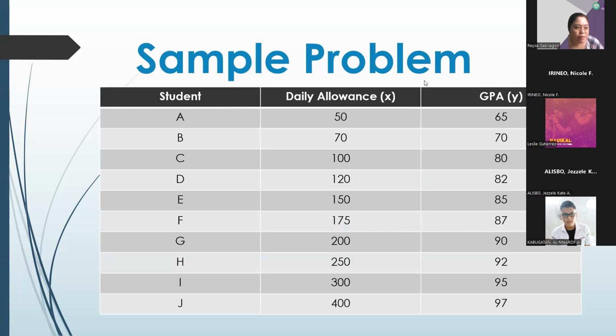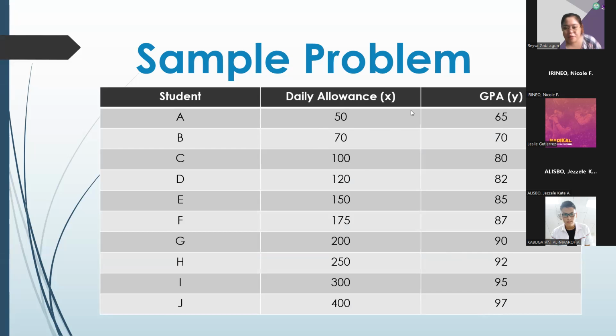Sa sample problem na ito, we have students as the respondents. And then what are our variables? The daily allowance, this will be our x. And then the GPA will be y. Therefore, what we are looking at here is if there is a significant relationship between the daily allowance of the student to their grades, to their academic performance. Meron kaya?